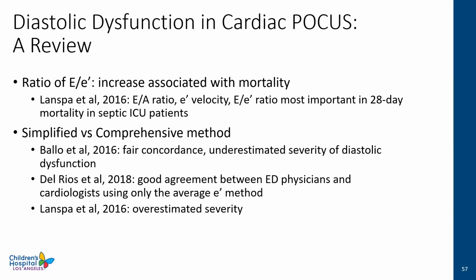One study had poor concordance and underestimated the severity of diastolic dysfunction. Another one overestimated that severity. And another has shown some agreement using just the average E prime method. There are a lot of studies like this out there, but I don't think any have really been conclusive in what we can use for diastolic dysfunction.